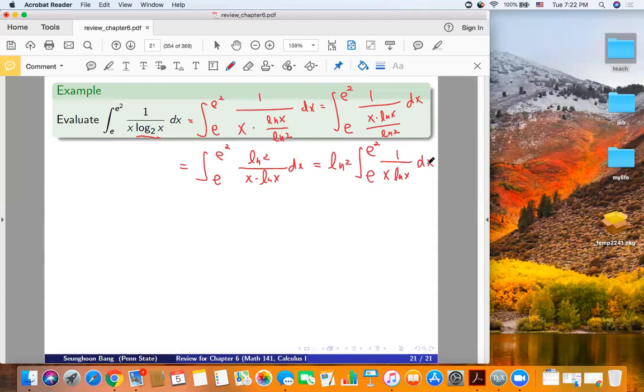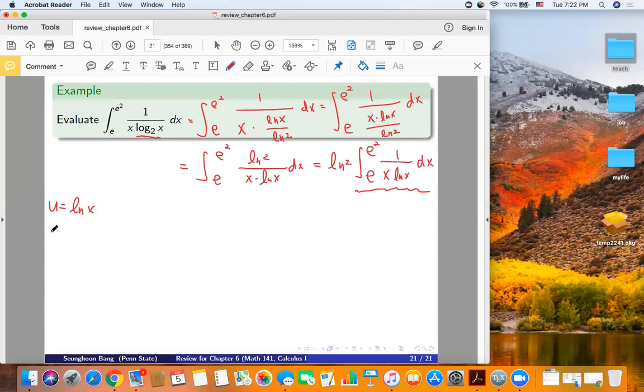The next thing, how can you solve this one? Integral, yeah, u substitution. What's u? Yeah, ln of x, you're right.